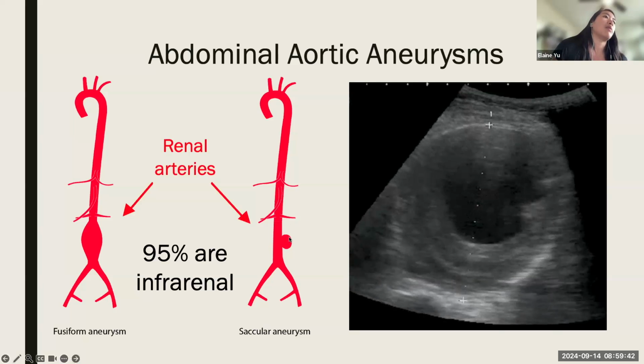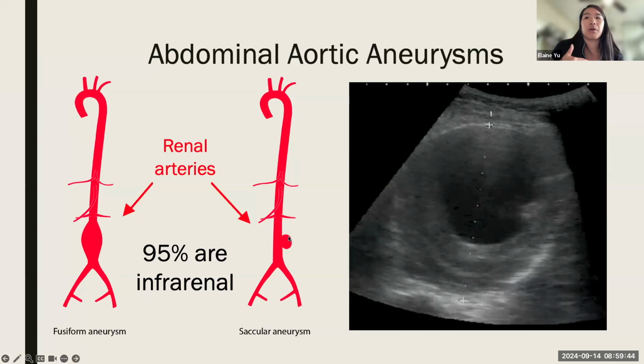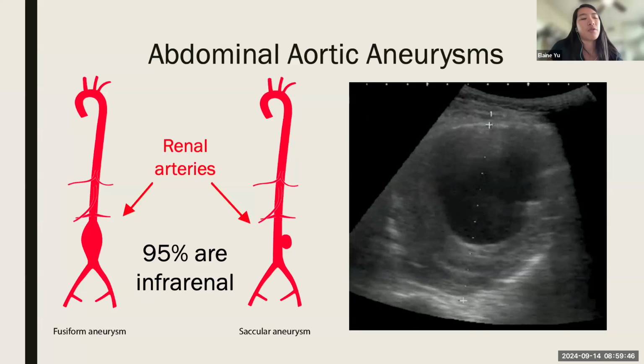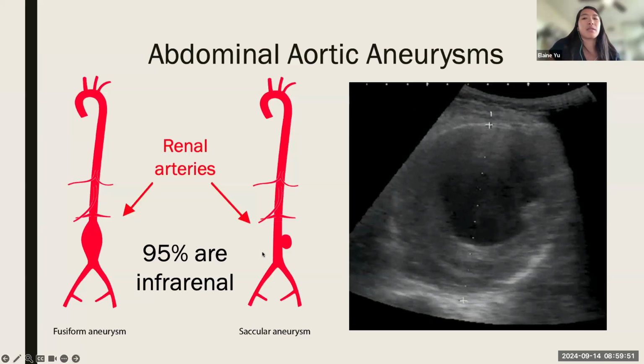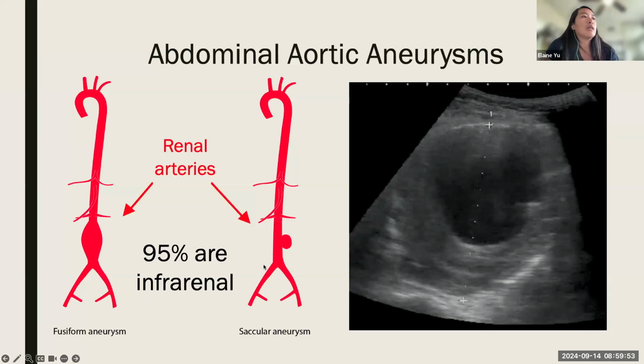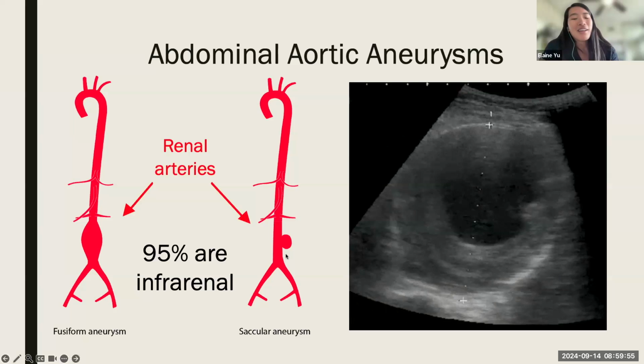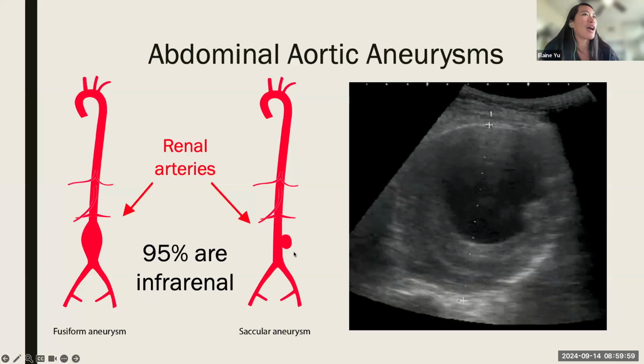And this might be missed on the transverse view as you're coming down, and that's why the longitudinal view is nice to look at the aorta as it's coming down and see if you've got any little bubbles or side areas coming off of the aorta that you want to catch.